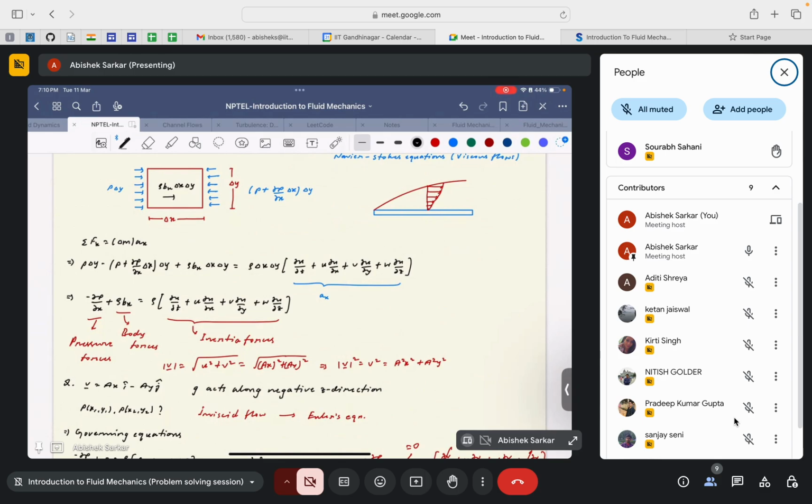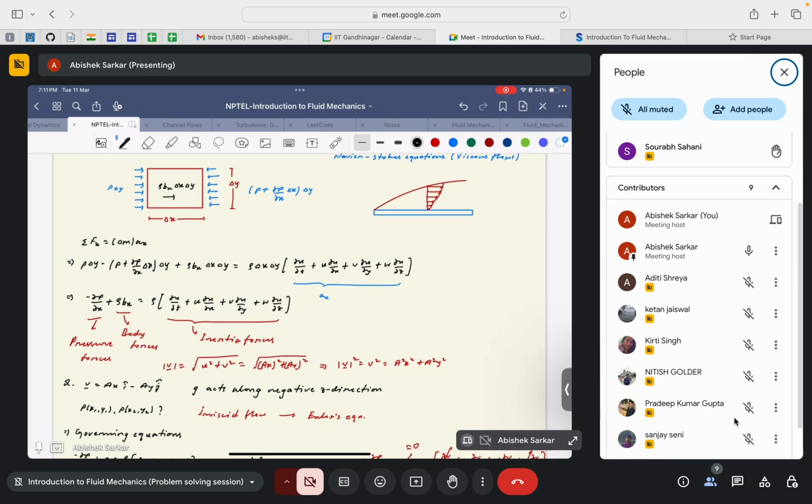If the flow is not incompressible, then for this equation, for rho to be taken out, we have to implement the incompressibility condition, right? Then only we can take rho out separately.